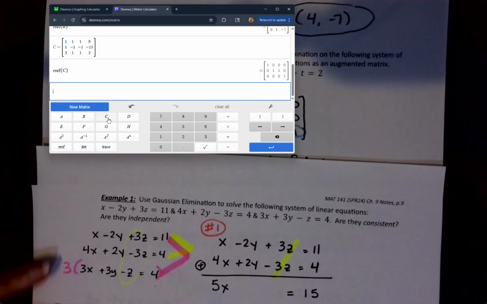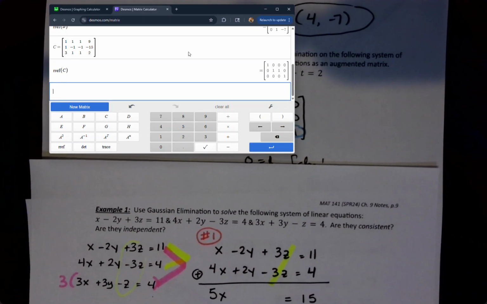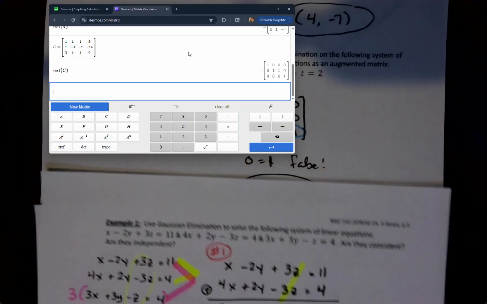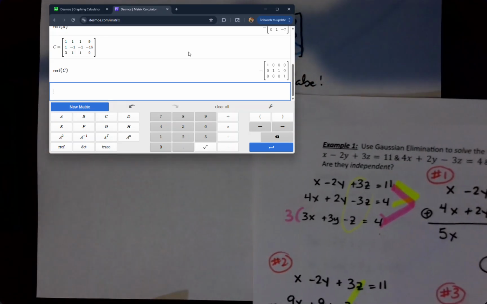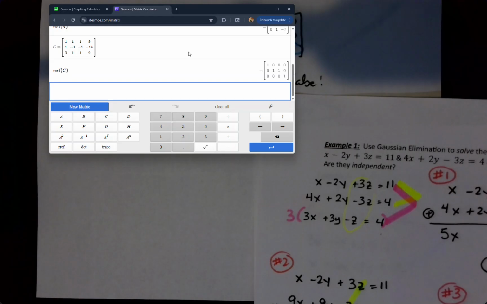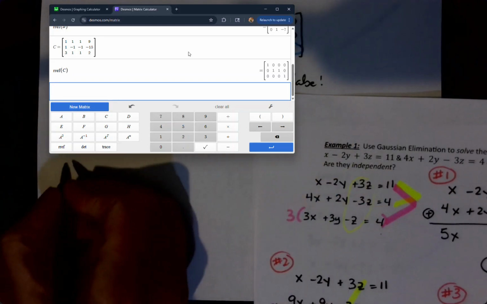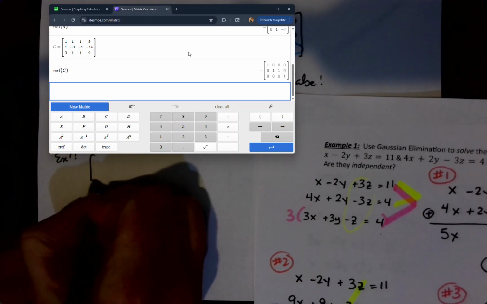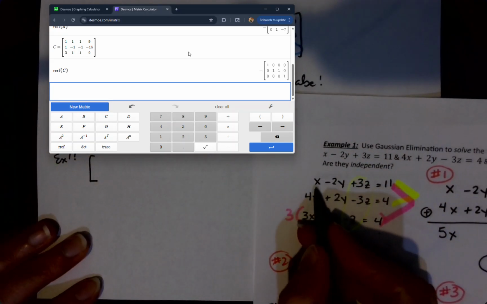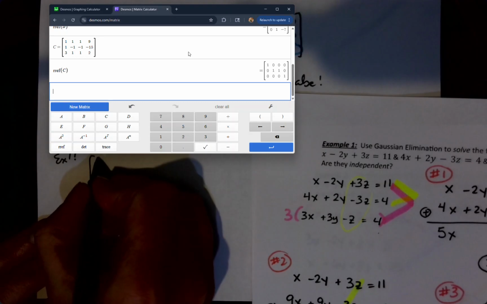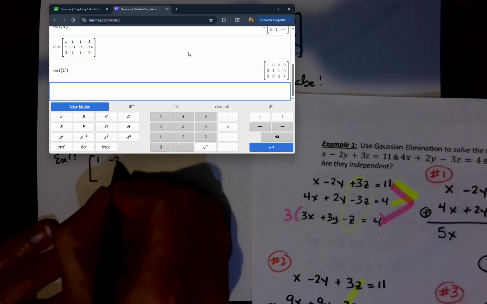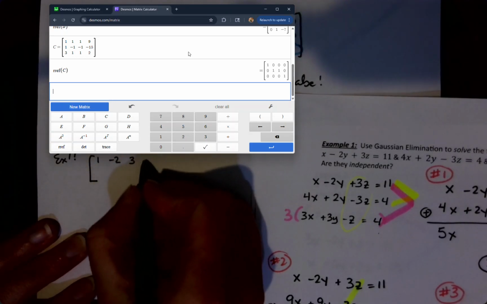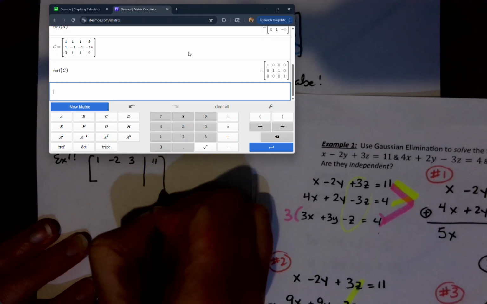So this is example 1 from section 9.2. I'm going to write this one down with a matrix. So example 1 here, this matrix, the x would be 1, y -2, z 3, and 11.